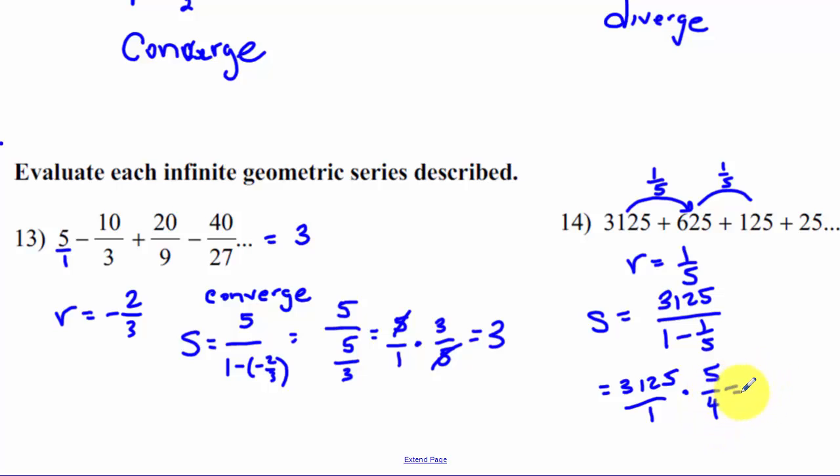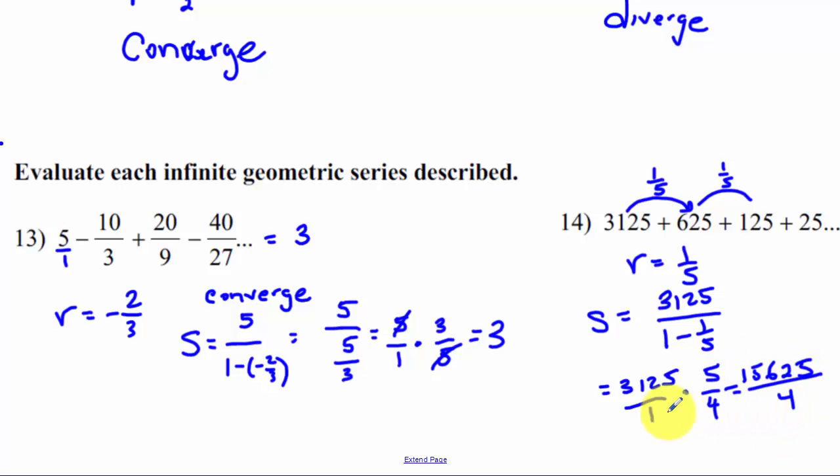And if we multiply that, that's 25 times 5 is 125... we get 155/100, which simplifies to 625 fourths. So that would be our result here if we added an infinite number of these numbers. Now we could divide this out and get a mixed number if we want, but we'll just leave it as that fraction.